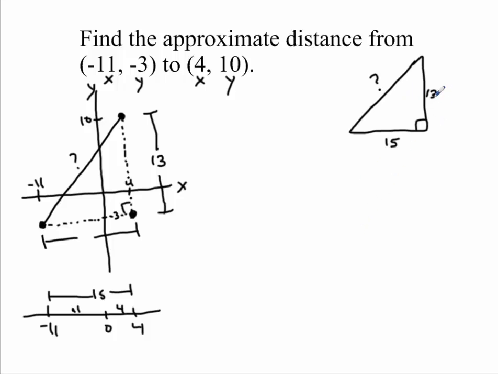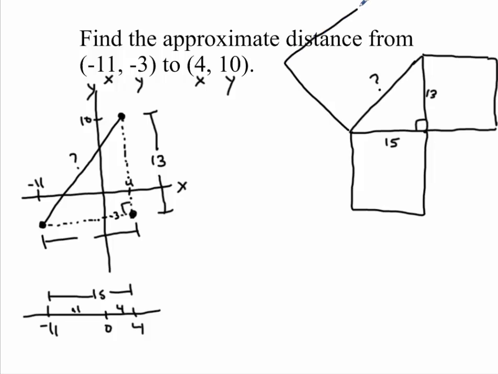So now that I have my right triangle and I know the lengths of the legs, I can find the length of the hypotenuse by applying the Pythagorean theorem. I create a square that extends from each leg, and I create a square coming off of the hypotenuse.